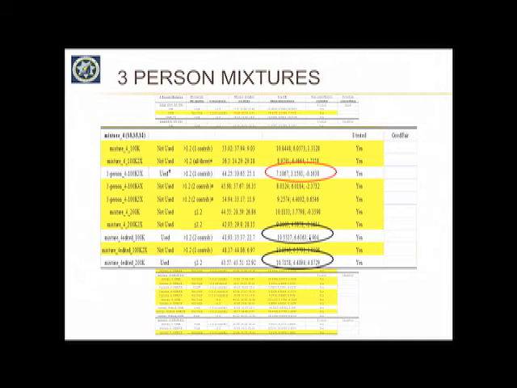The reason for that is by editing out that polymer spike, I reduced the genotype uncertainty and increased genotype certainty for the subsequent TrueAllele analyses of that same data.